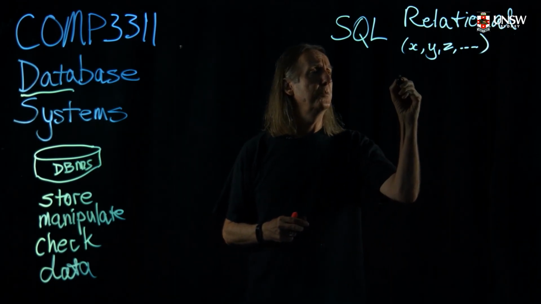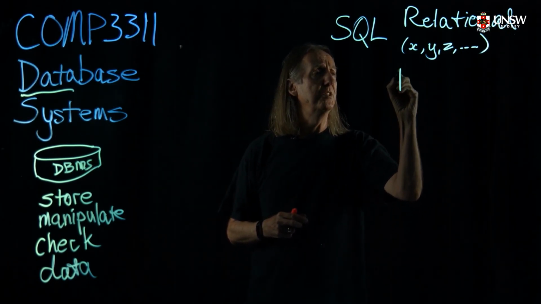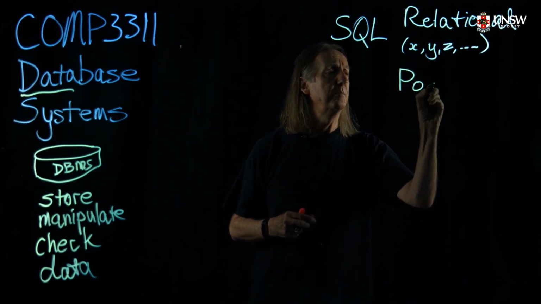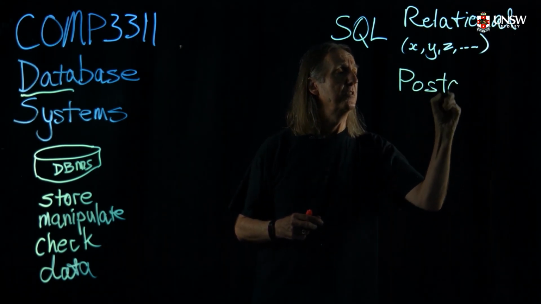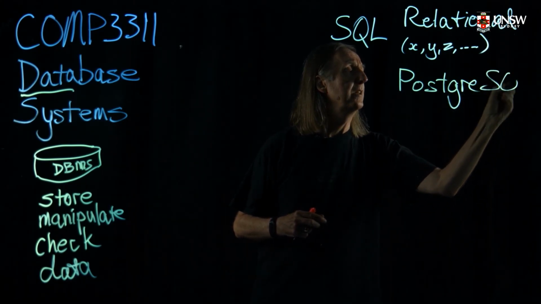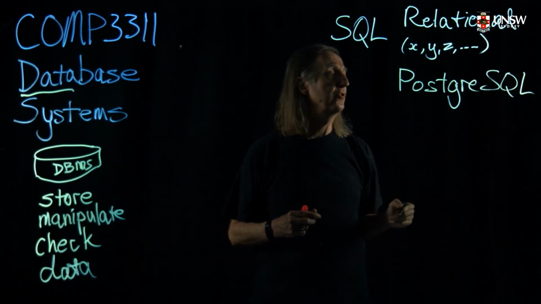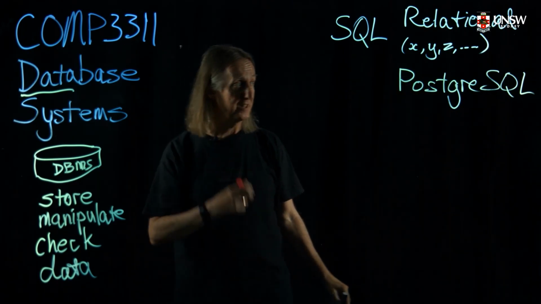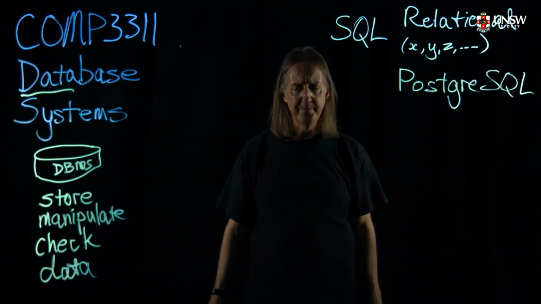To use that, you need a database management system. In this course, we're going to use two specific database management systems, which are quite different in what they aim to do. The first one I'll call Postgres, and just ignore the QL at the end. That's how it's normally written.